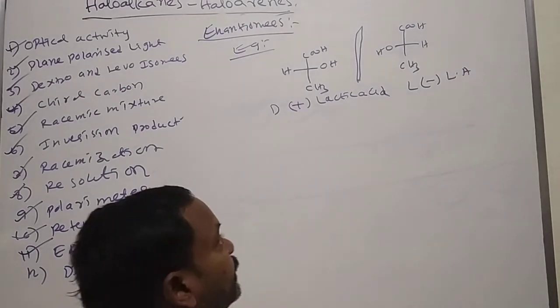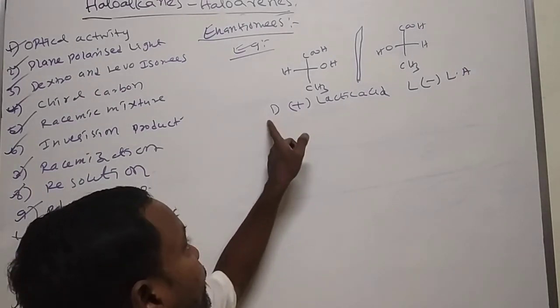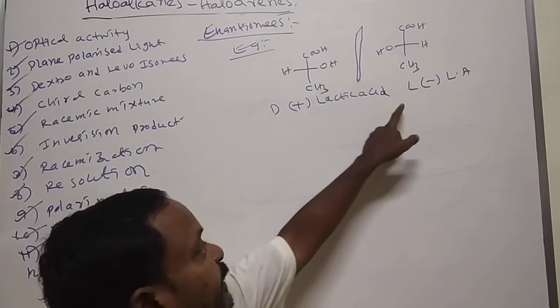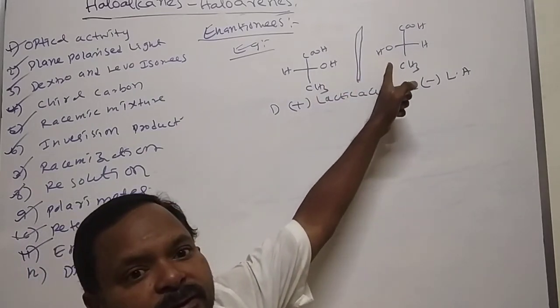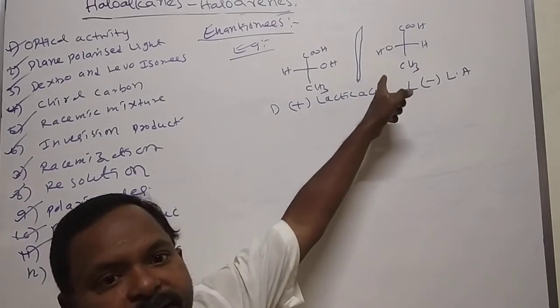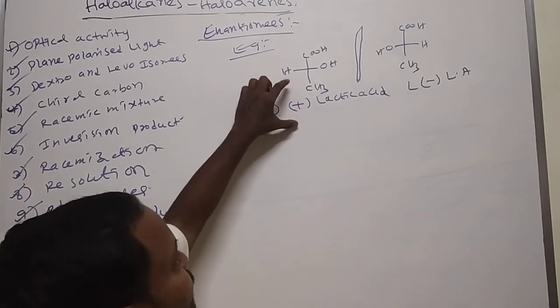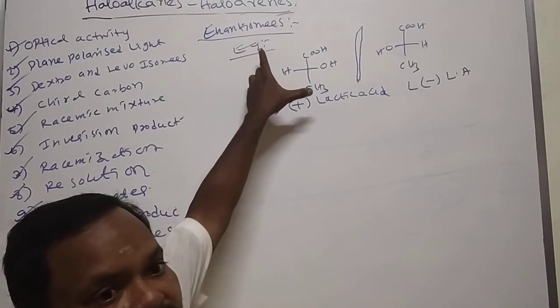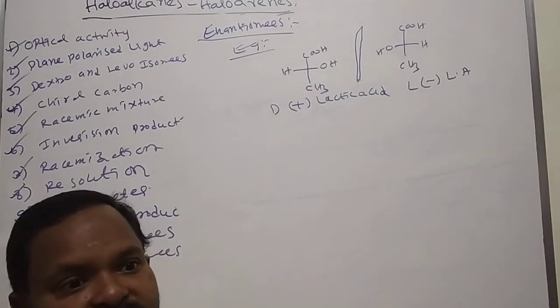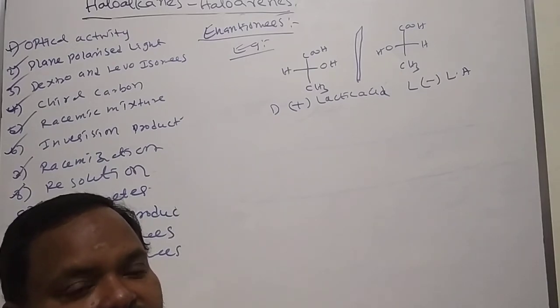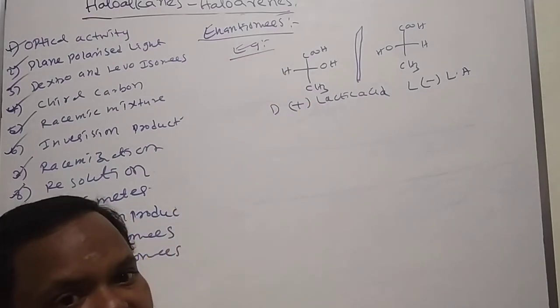See here, plus means dextro, D means the OH group is present at the right side. L means left side. Negative means levo isomer. These individual isomers we call enantiomers. These two are non-superimposable mirror images, which we call enantiomers.